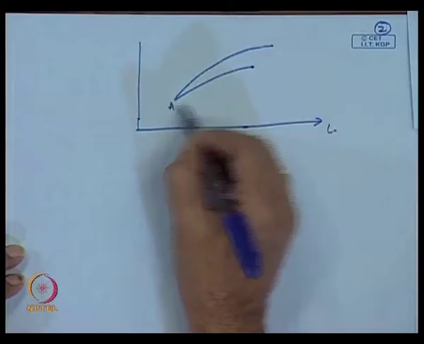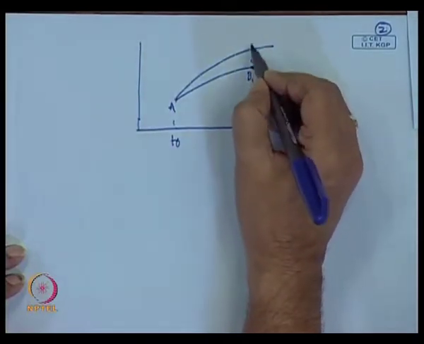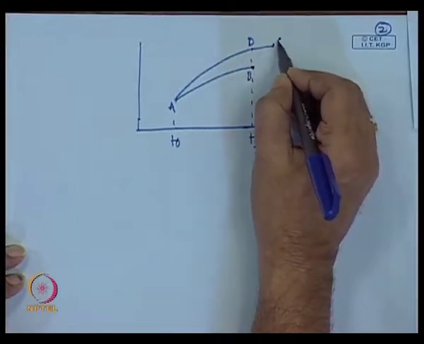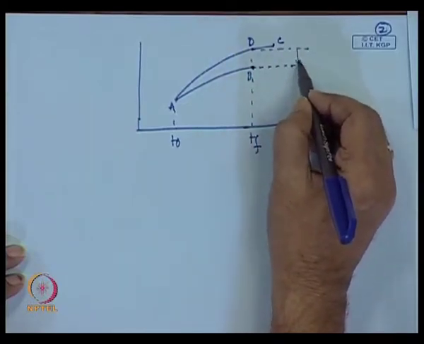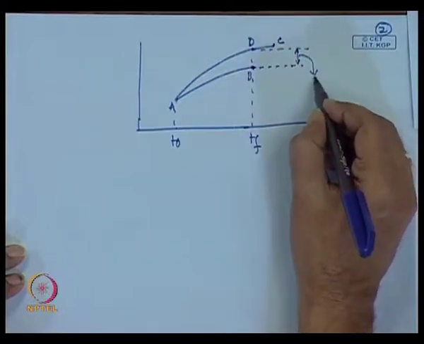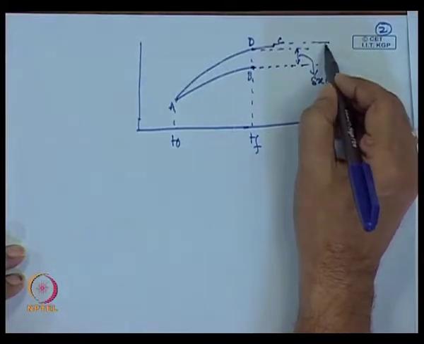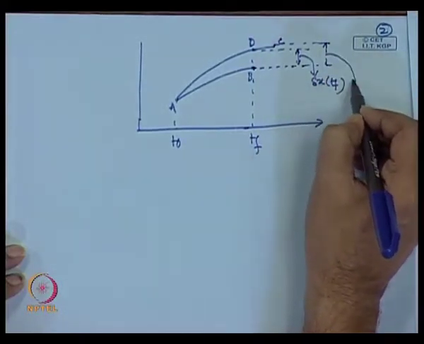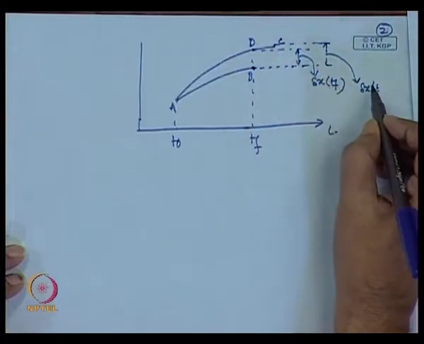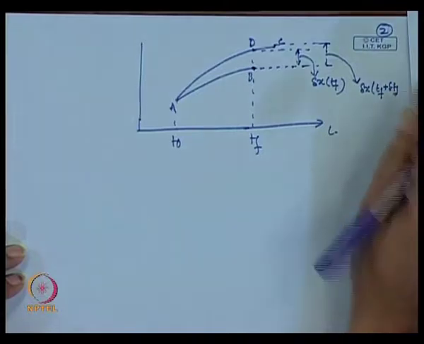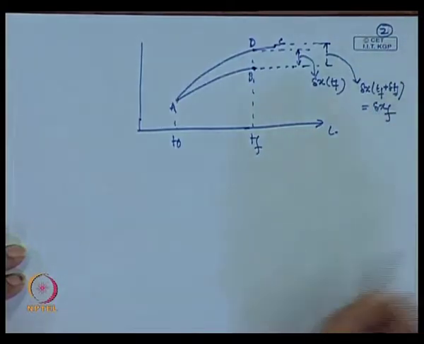This is A, this is B, this is T f, this is T 0, this is our D, and this is our C. This value is our delta x T f, and from here to here, if you recollect, this is nothing but delta x at C, T f plus delta T f, and that we denoted by delta x f.